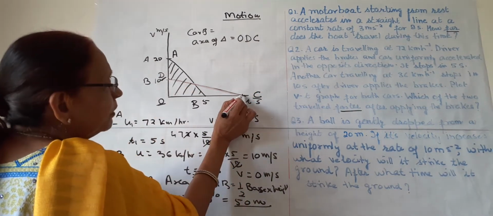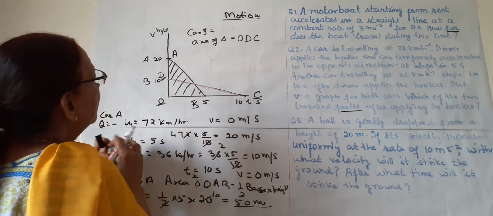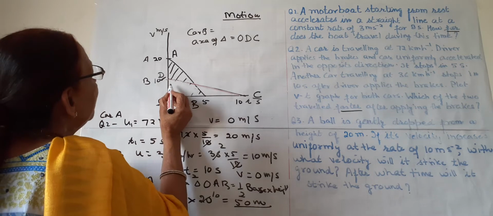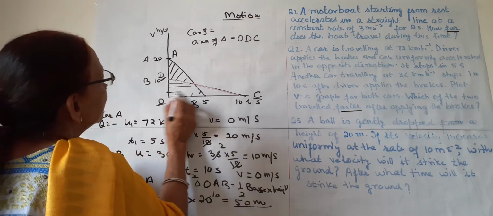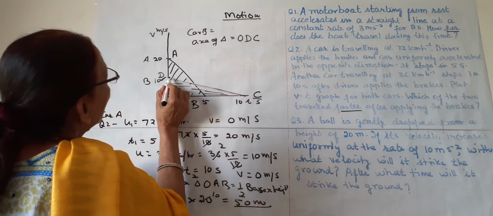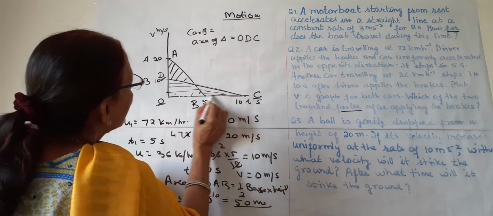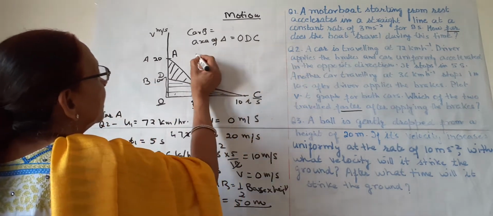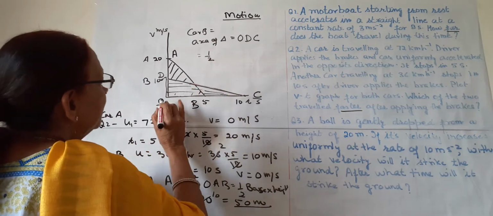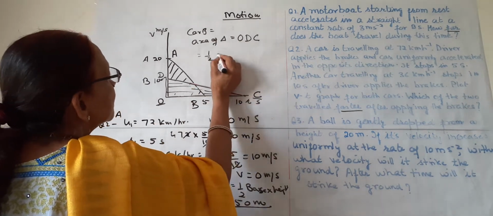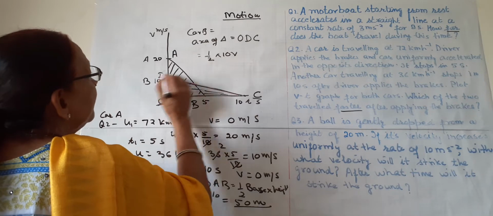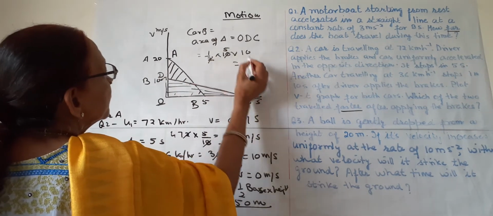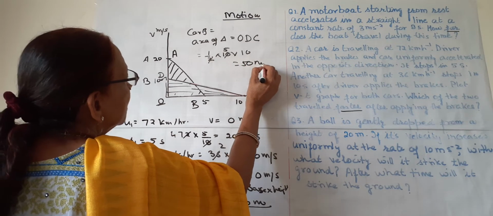This is the graph for the second, and the area under this graph will be like this. Again the same, half base, base is 10, into height, height is 10. It will be equal to 50 meters.